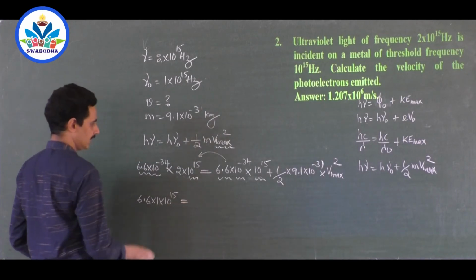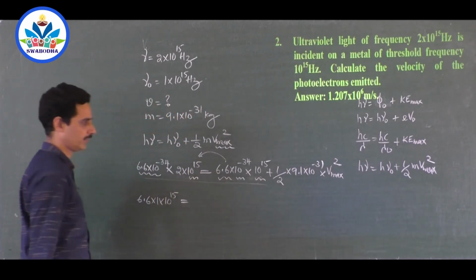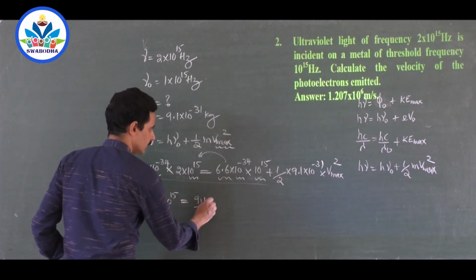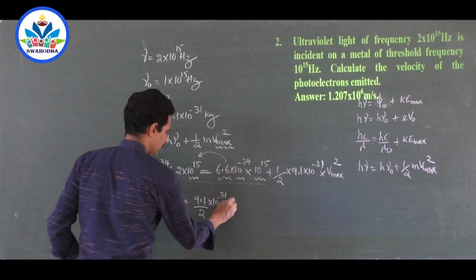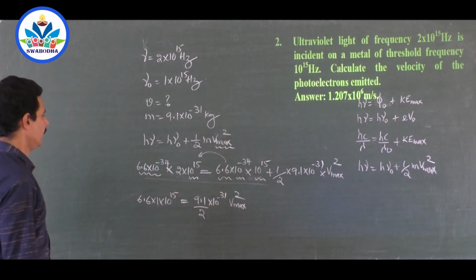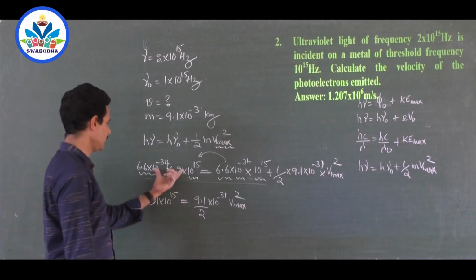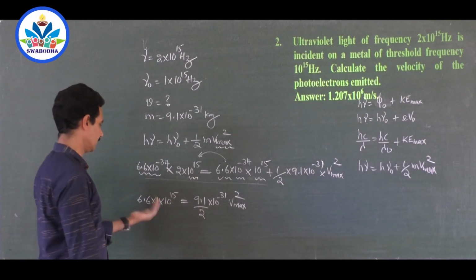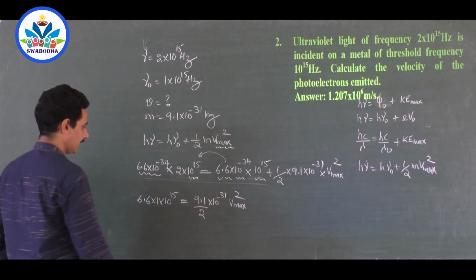Is equal to 9.1 by 2 into 10 to the power minus 31 V maximum square. Twice this number, once this number, 2 minus 1 is 1, only once. So I can bring 2 here.